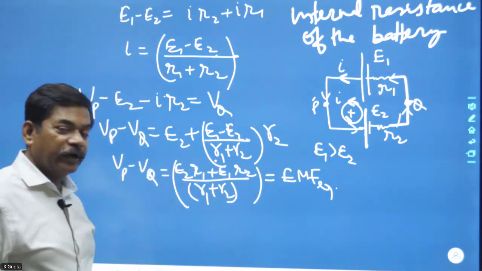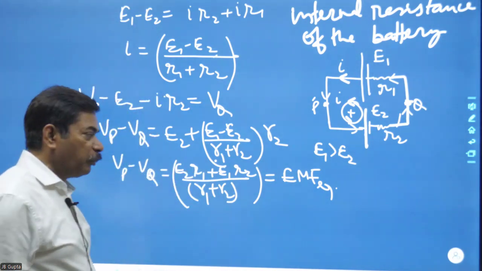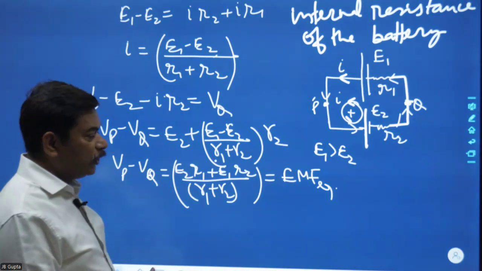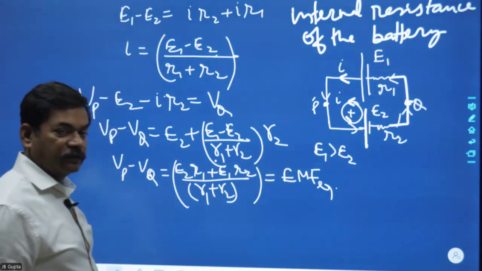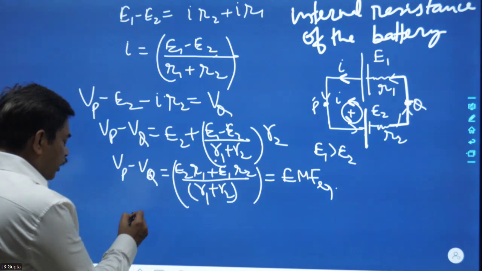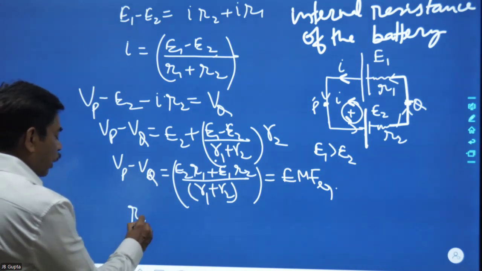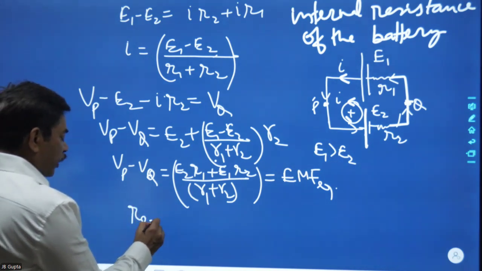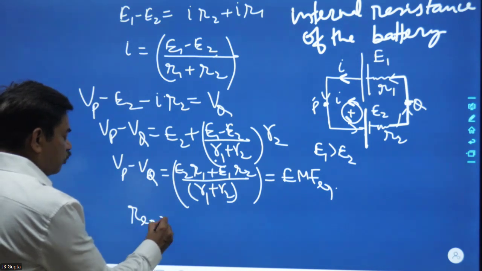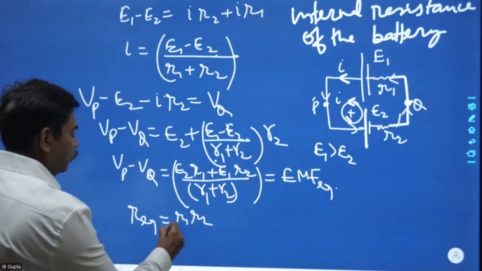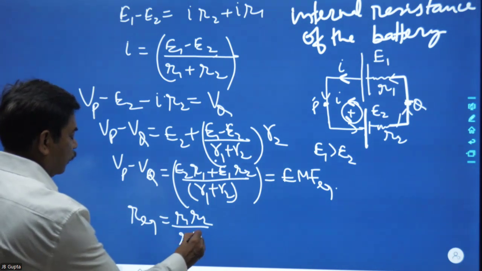And I told you how to get it. The potential difference between P and Q will be called the equivalent EMF. And the equivalent internal resistance of this battery will be equal to R1R2 upon R1 plus R2.